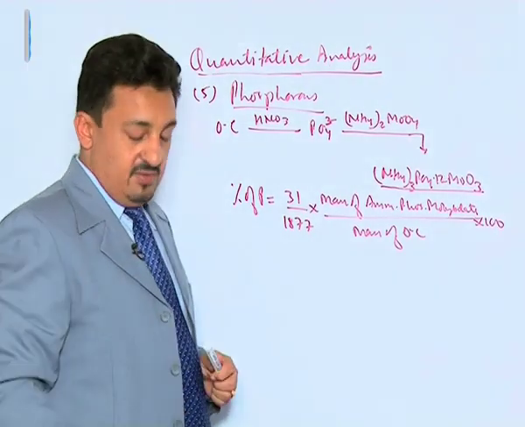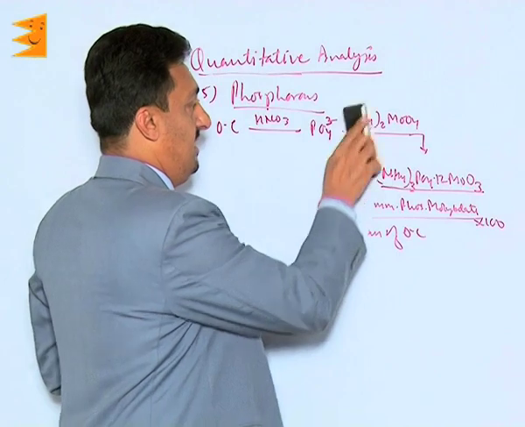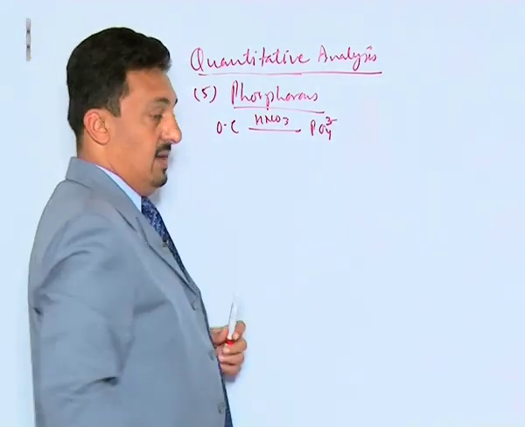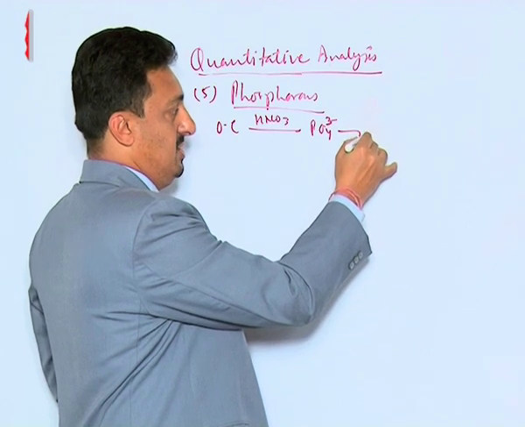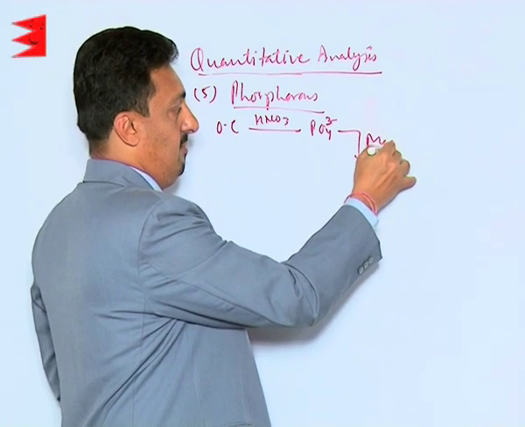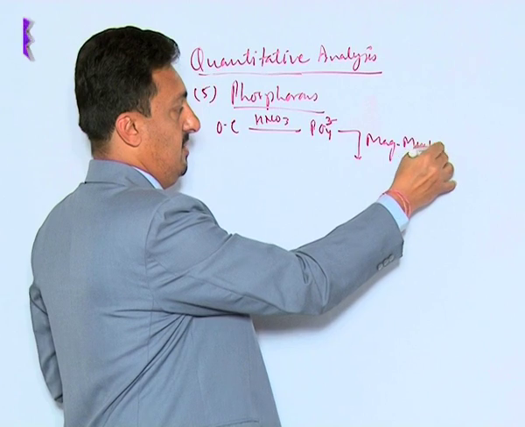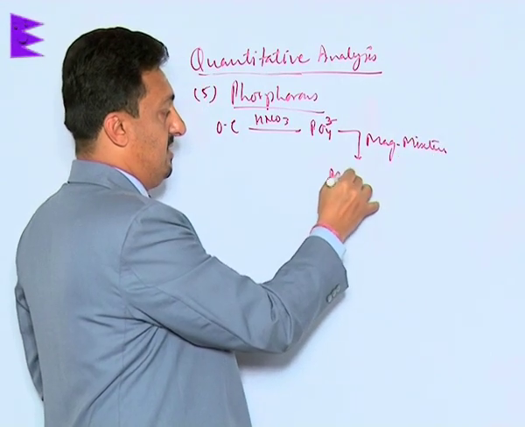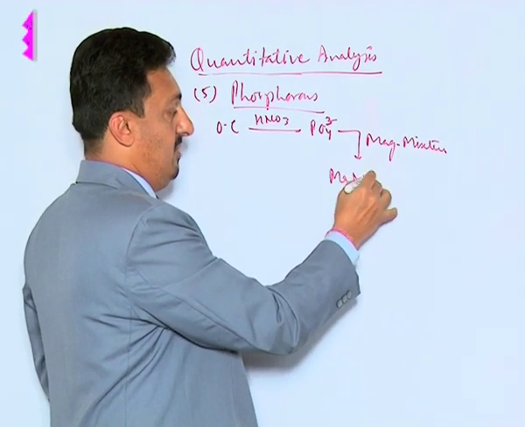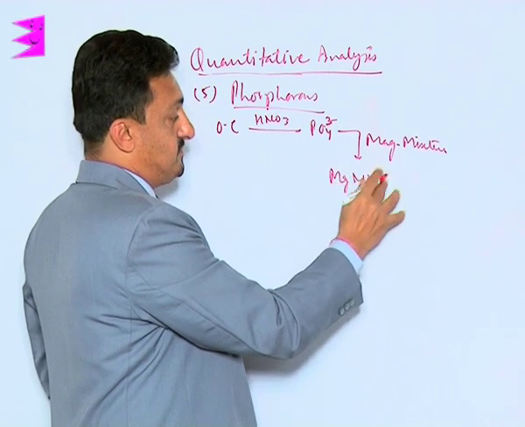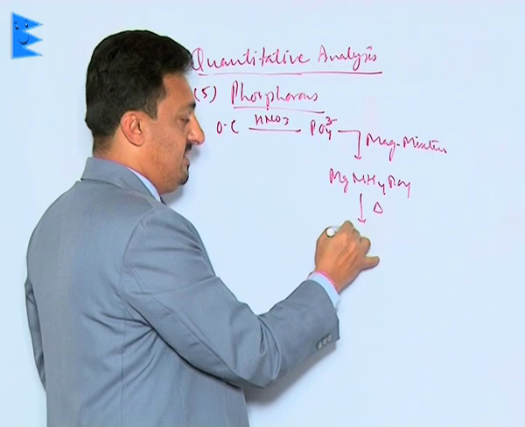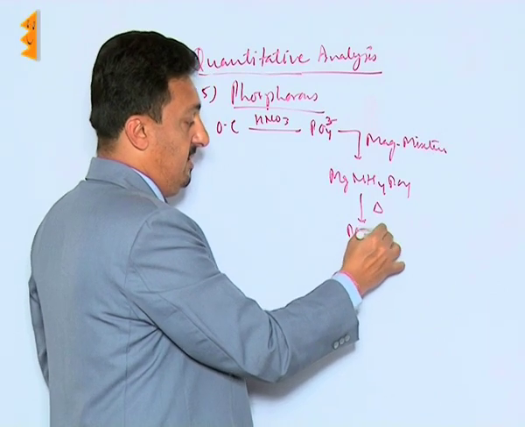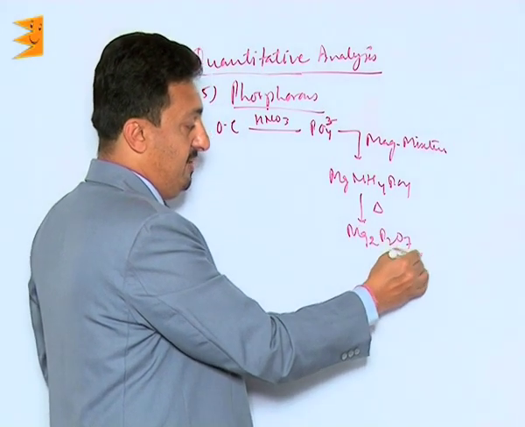There is one more way of doing it. In this, what we do is we treat this phosphate with magnesia mixture. So when we treat it with magnesia mixture, we get it precipitating out in the form of magnesium ammonium phosphate, which is ignited to give magnesium pyrophosphate, Mg2P2O7.